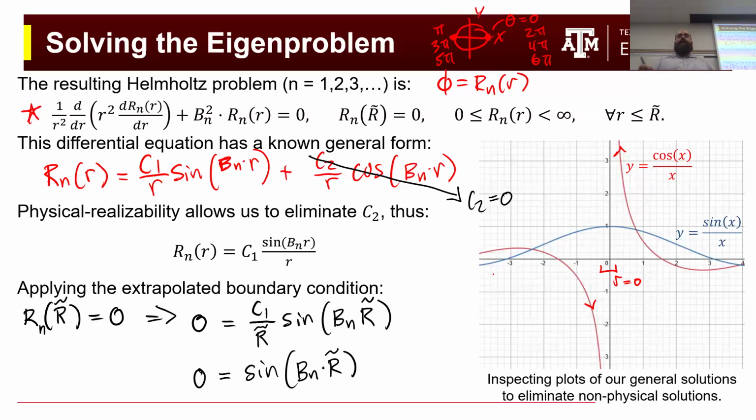So in other words, if the inside argument is any multiple of pi, then the sine function is equal to 0. This is true if that B_n times the R tilde is equal to some integer multiple of pi.